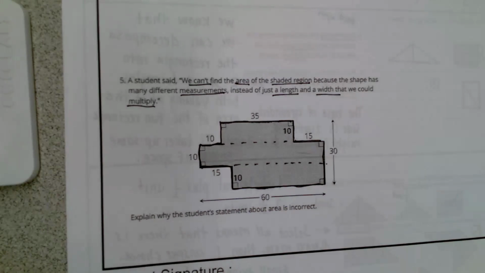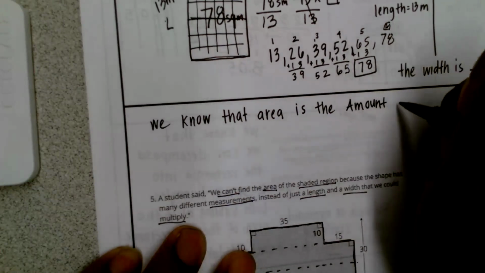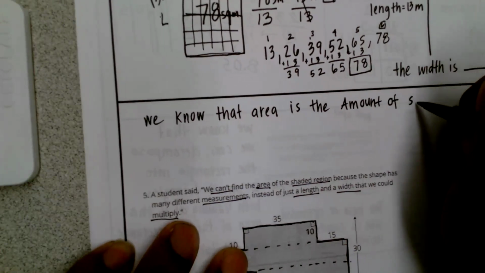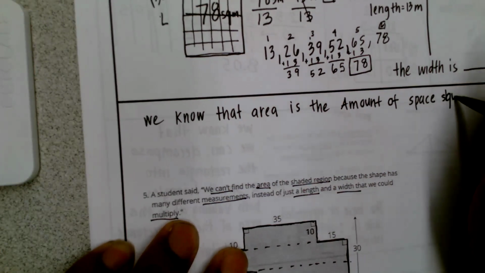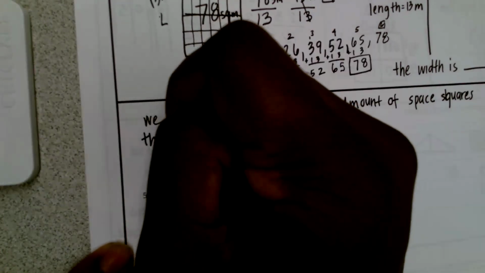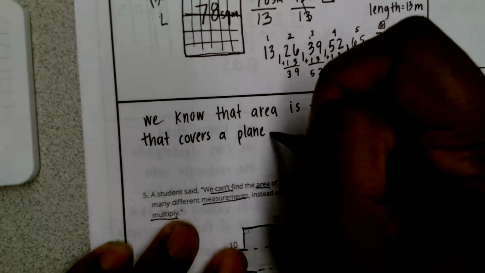Now, what do we know? We know that area is the amount of space or squares, the amount of squares that covers a plane or shape.